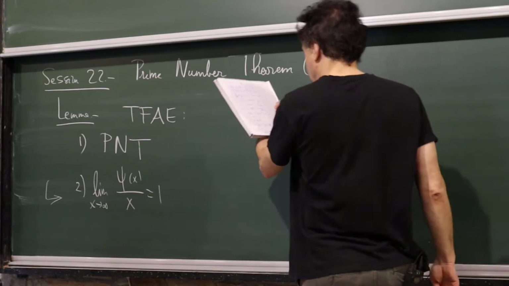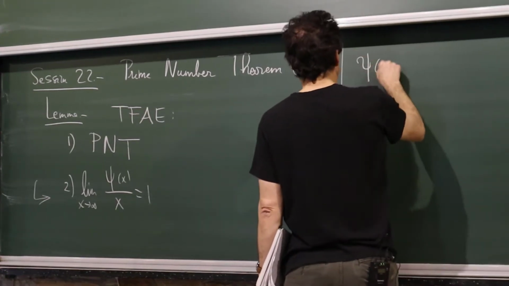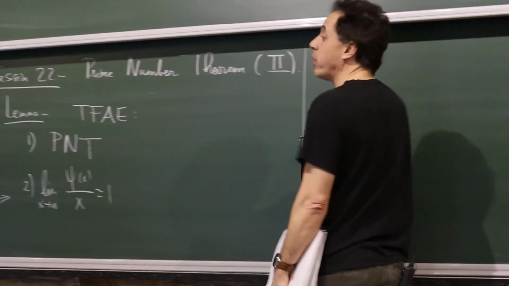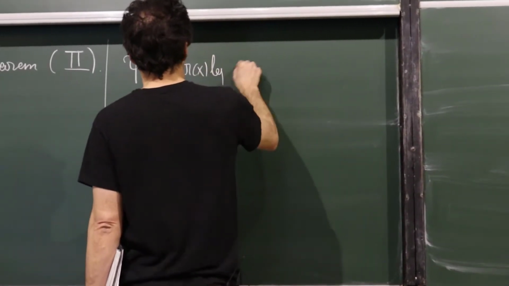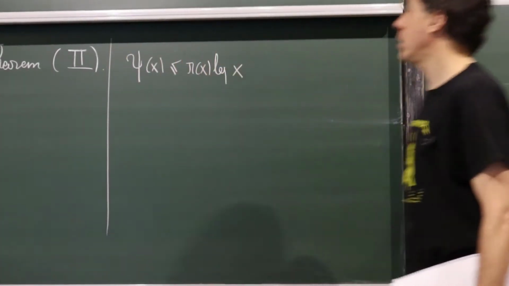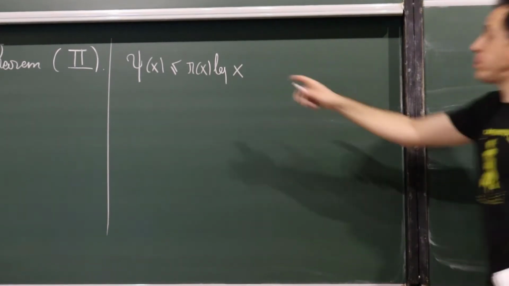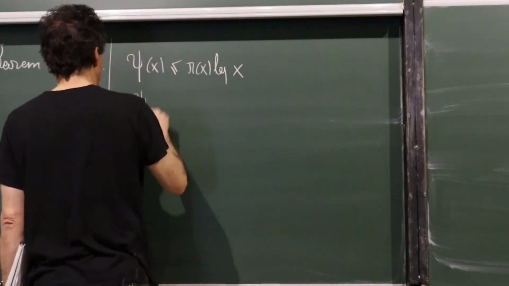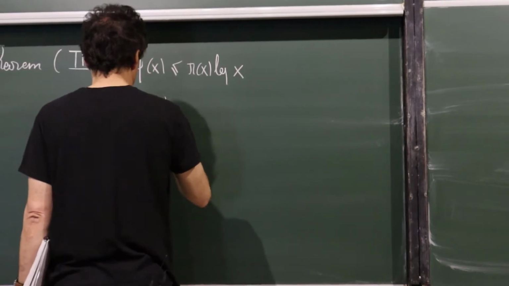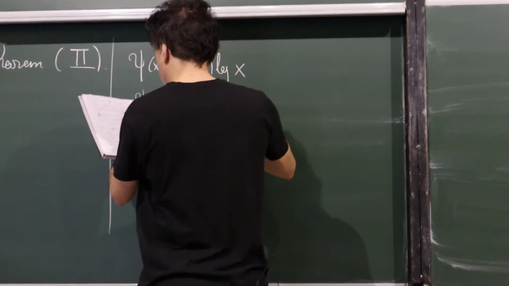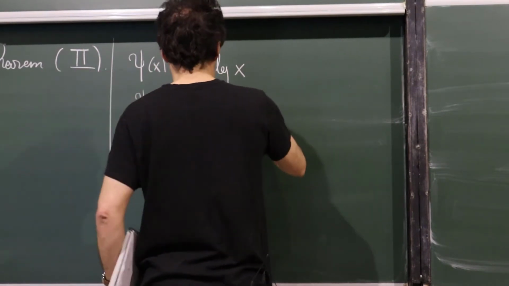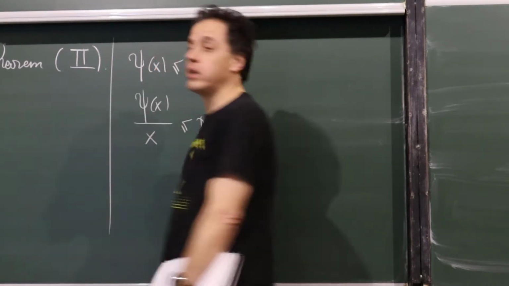So why is this true? We have already seen that psi of x is smaller or equal than pi of x log x. So psi of x over x is smaller or equal than pi of x log x over x.